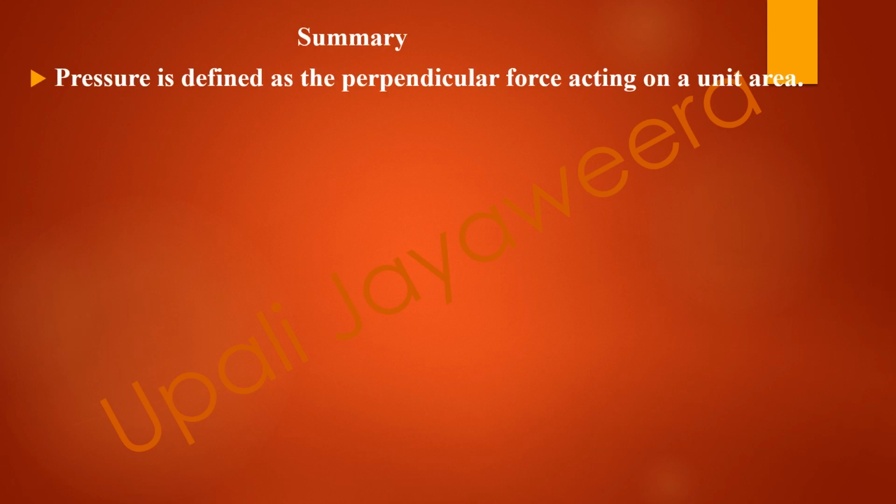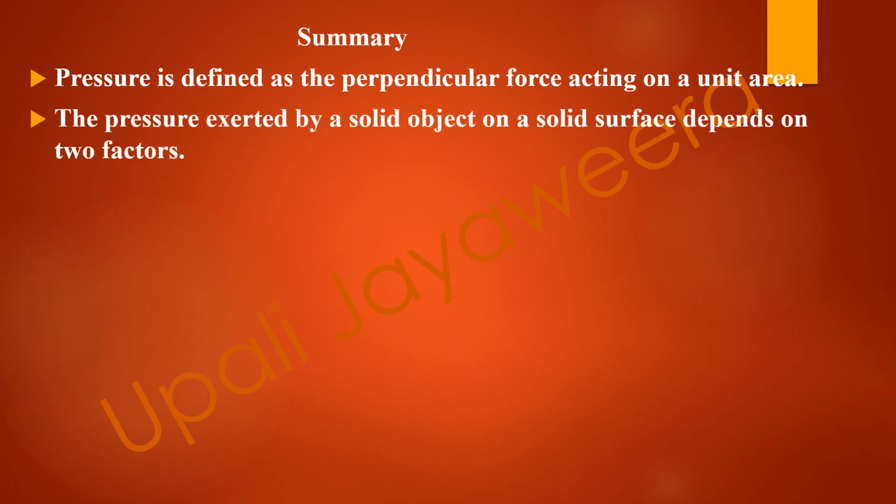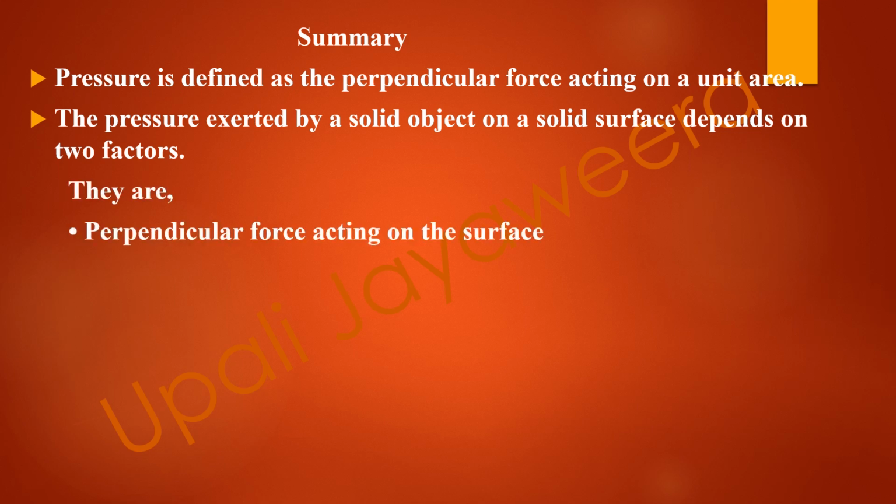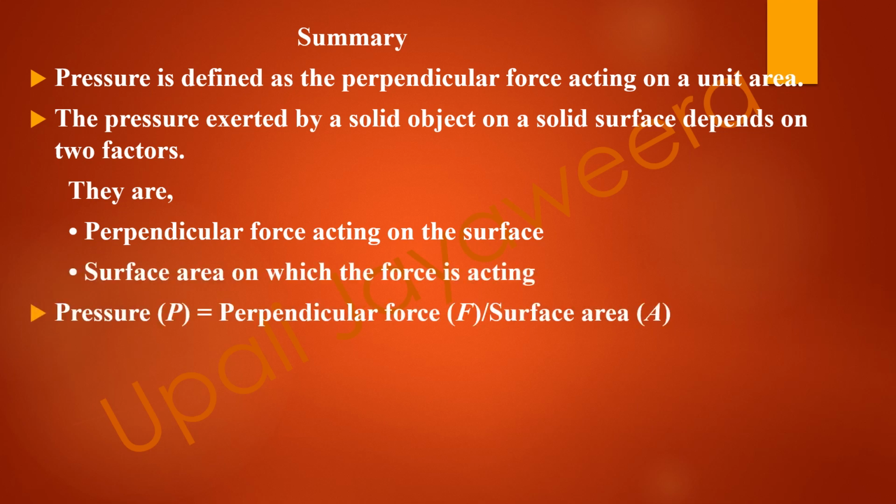Now we'll summarize the lesson. Pressure is defined as the perpendicular force acting on a unit area. The pressure exerted by a solid object on a solid surface depends on two factors. They are the perpendicular force and the surface area on which the force is acting.